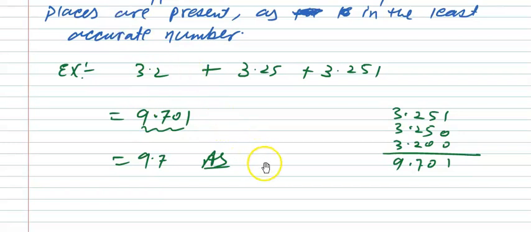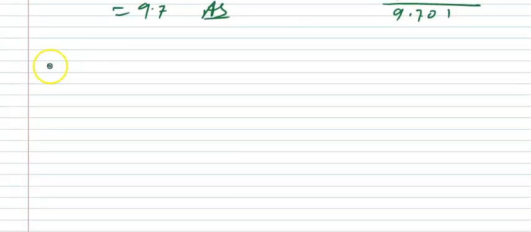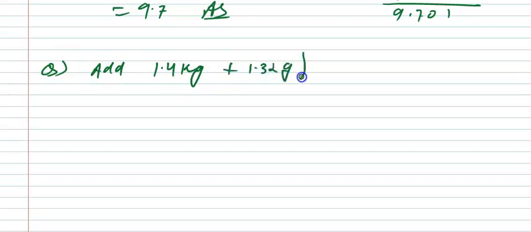Now I'm going to give you another question. Let us take the question over here. Add 1.4 kg plus 1.32 gram. So first of all, you have to do the simple calculations, and after that you will do the round off, then our answer will be there.